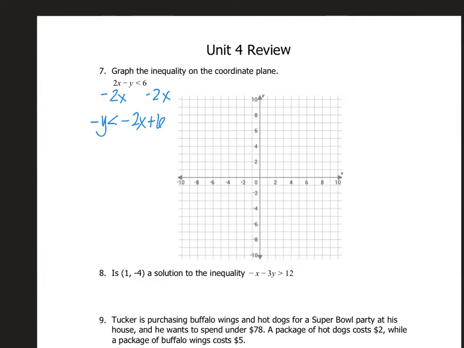And then we want y, not negative y, so we need to divide or multiply the whole thing by negative 1. Since I'm dividing by a negative, and if you're multiplying, that's fine. But multiplying or dividing by a negative means that we need to flip the inequality symbol. So don't forget that part, because that totally changes your graph.